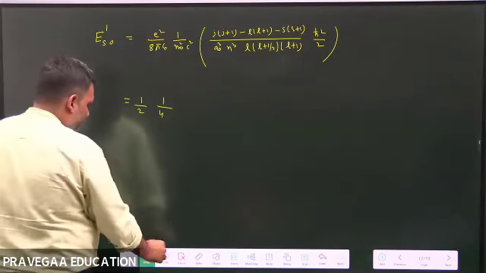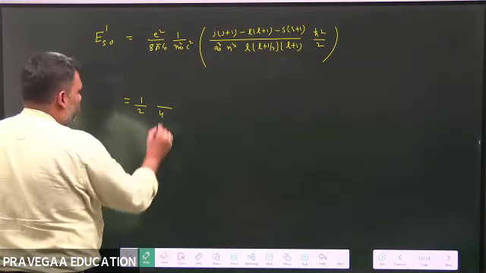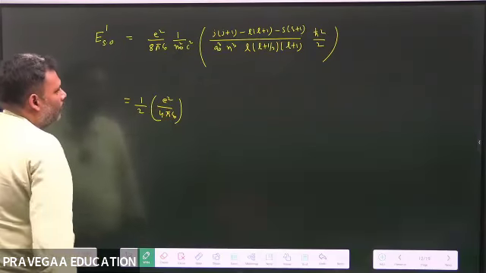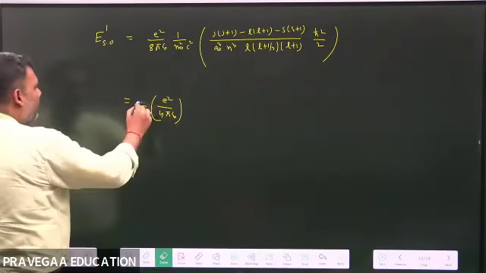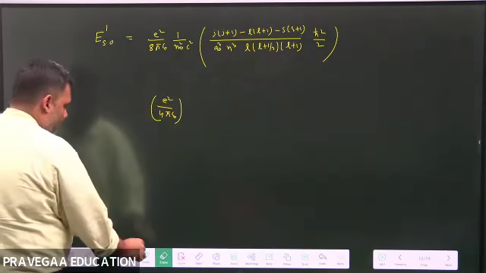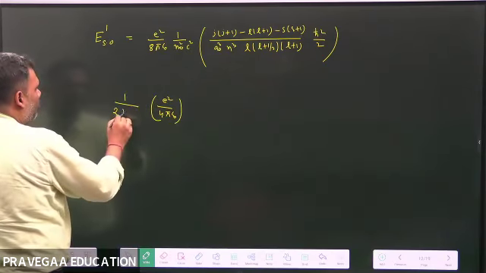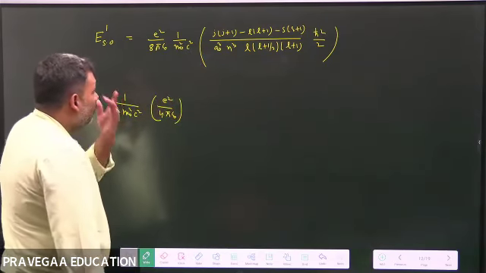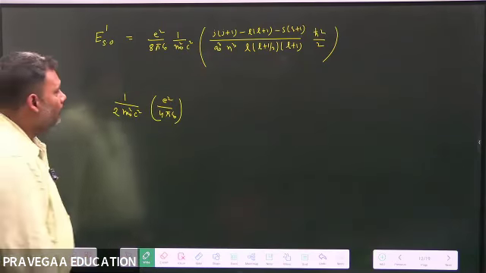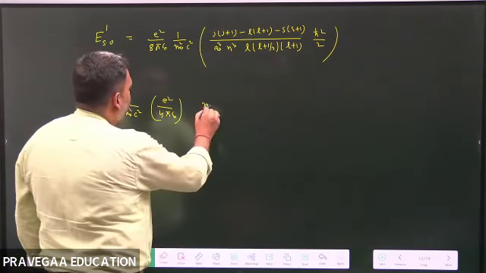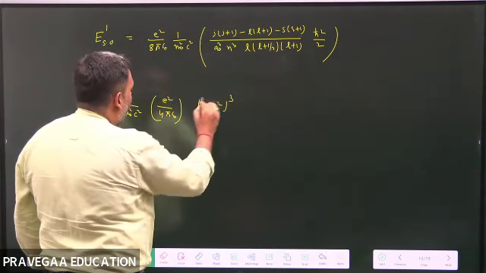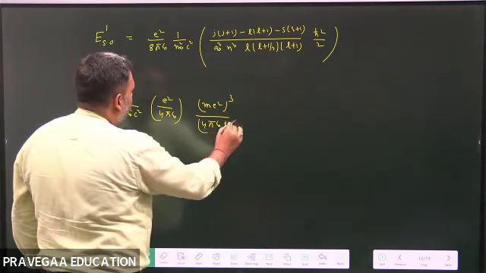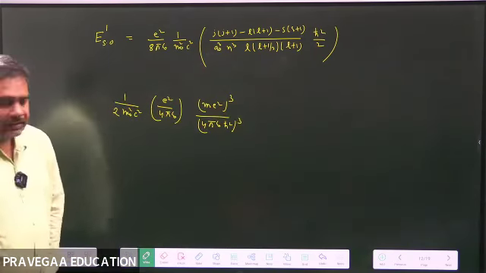So I can write this value as 1/2 e square by 4 pi epsilon naught, and I can write 1/2 m naught square c square separately. And what will your a naught cube be? What will you write for a naught cube? m e square whole cube by 4 pi epsilon naught h cut square whole cube, okay?